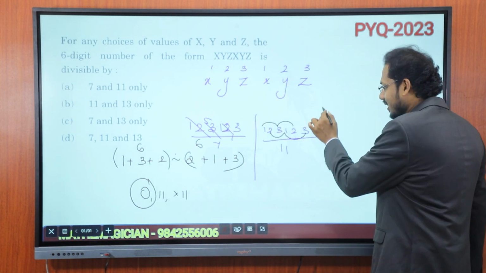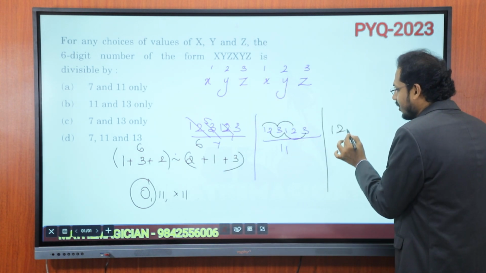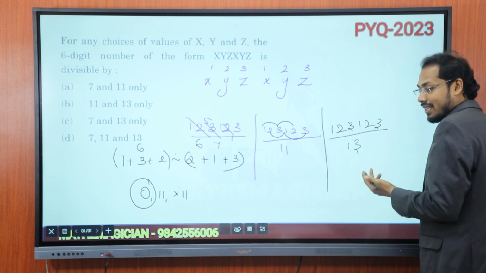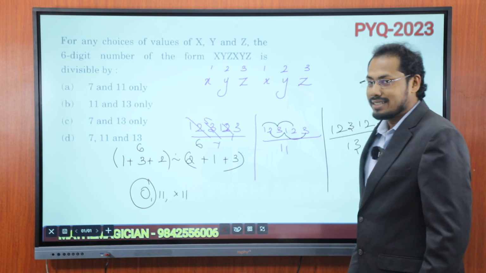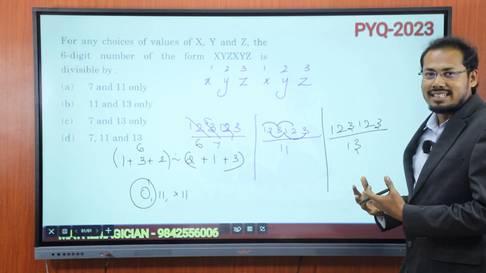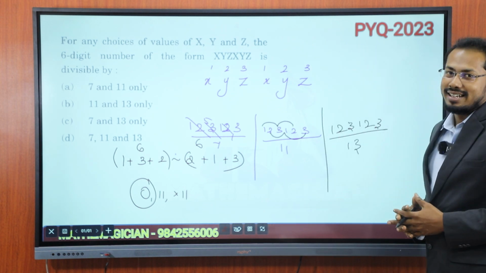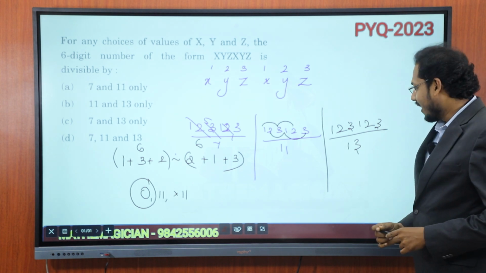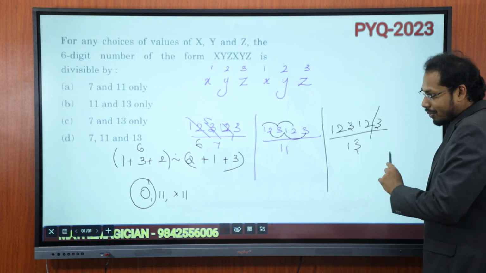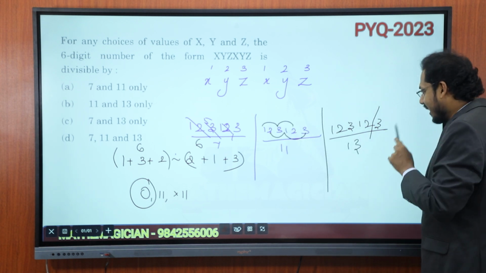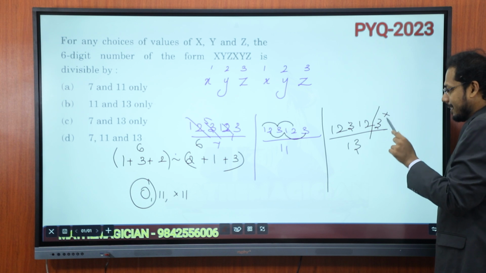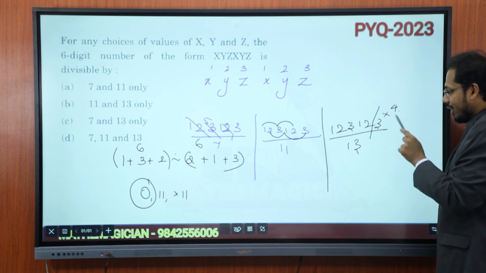And the next number: let us take 1, 2, 3, 1, 2, 3 divided by 13, again a prime number. Not every candidate knows the divisibility rule for 13. For the 13 table it is the same process as the 7 table: split the last digit, but multiply it by 4. 4 into 3 is 12.